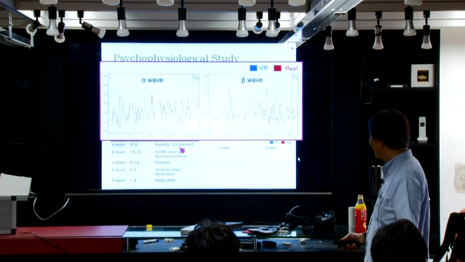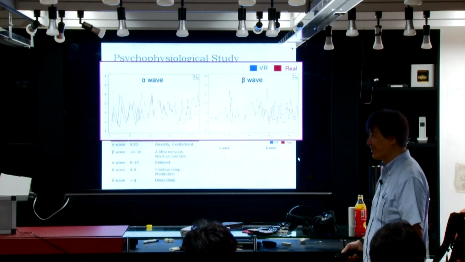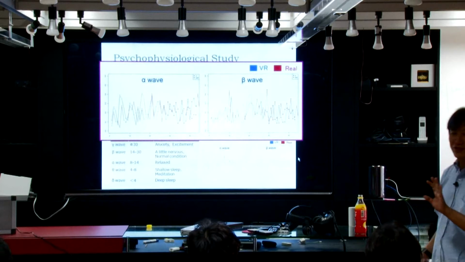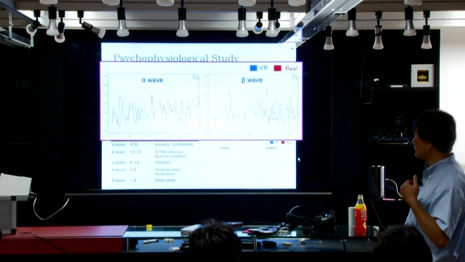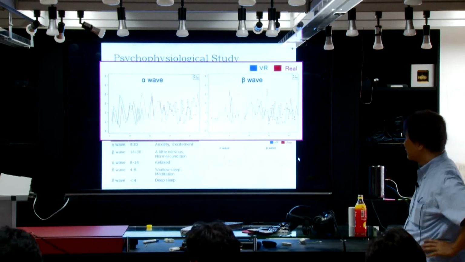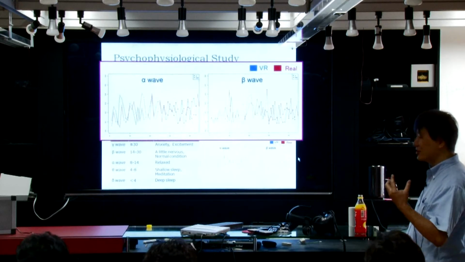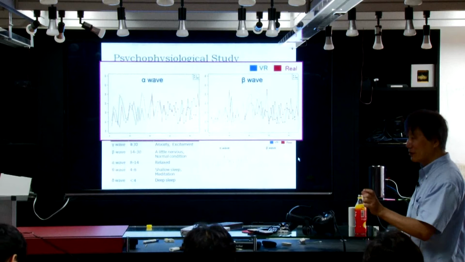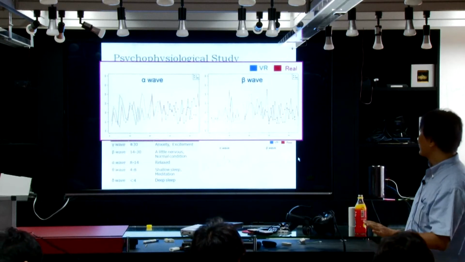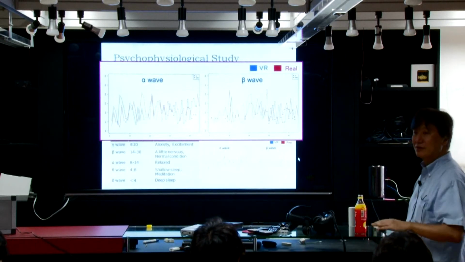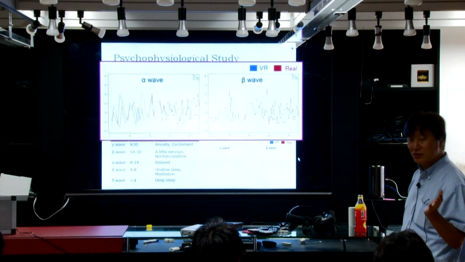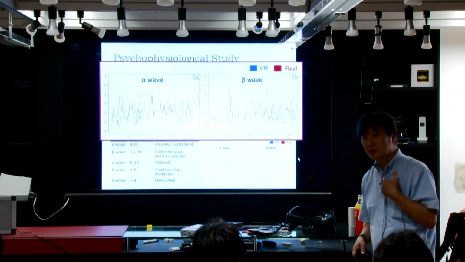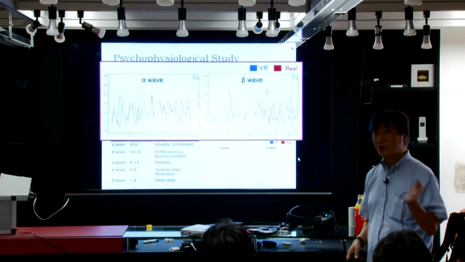This is a preliminary study, so we cannot conclude that VR space and real space are almost the same. But in this case, not so different. In terms of mental state, users feel VR space and real space are not so much different.